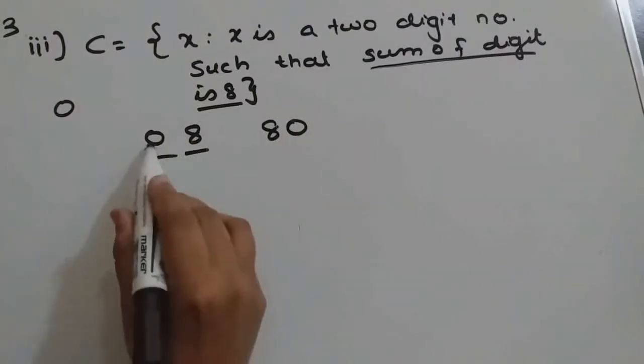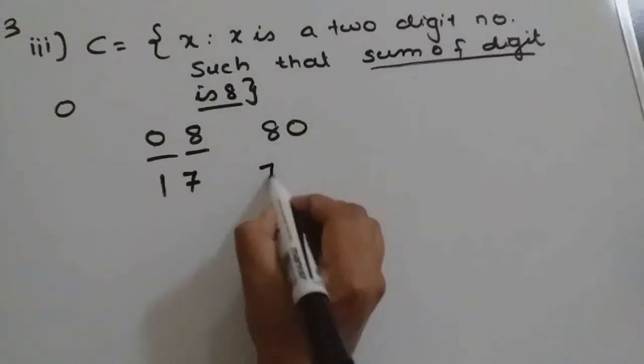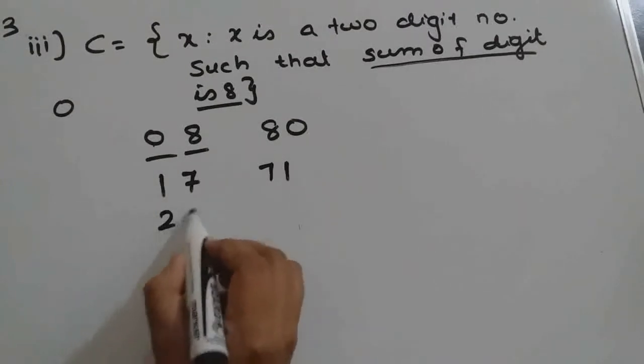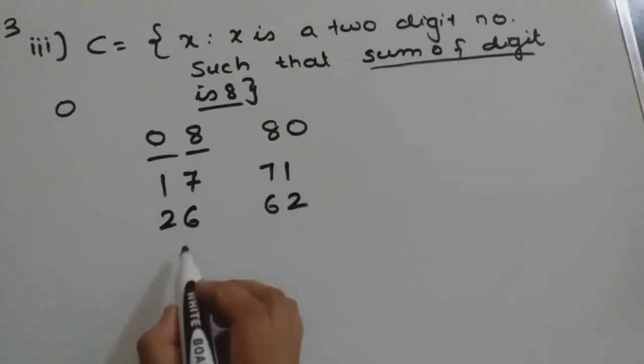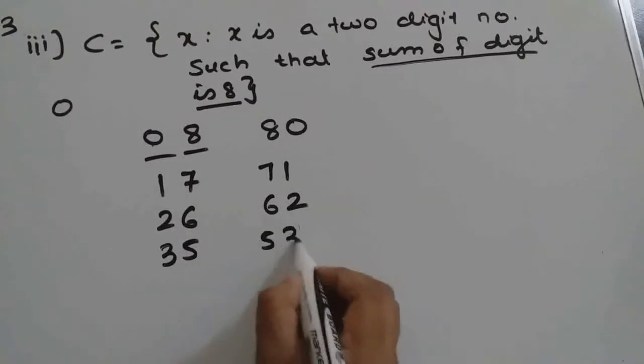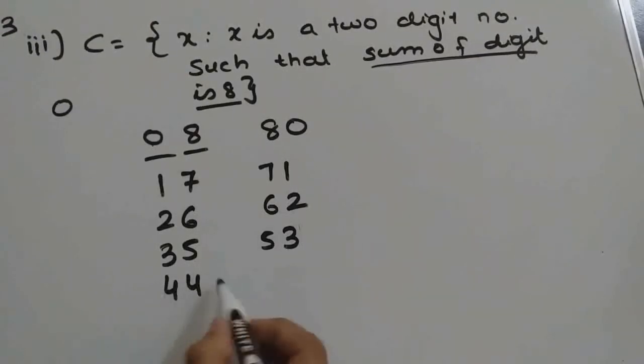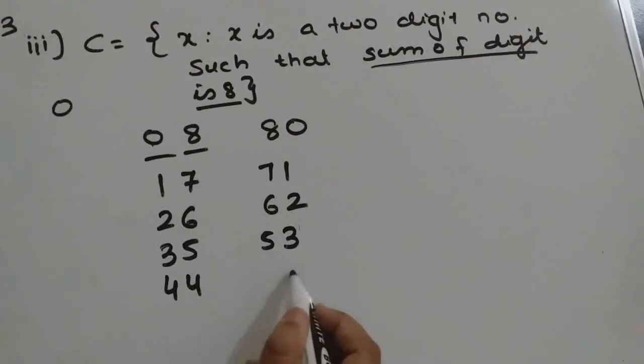Then put 1 here. 1 plus 7 gives 8, so 71. Then 2, 6, so 62 will come. Then 3 plus 5 gives 8, so 5 and 3, isn't it? And then 4, and if you interchange then also you will get 4 and 4.